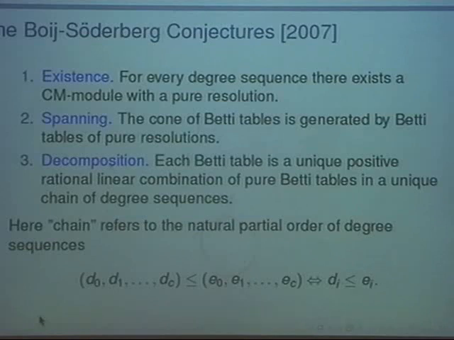First, for every degree sequence, there is some. And then they form the rays of the cone. And moreover, this cone has a decomposition, as you will see, into cells. It will be a union of simplicial cones.